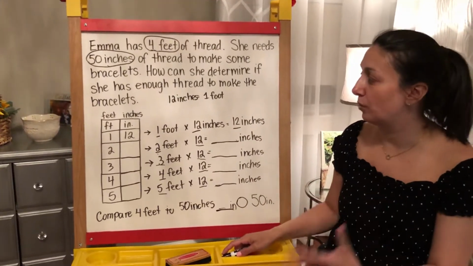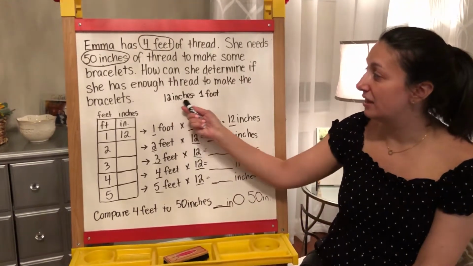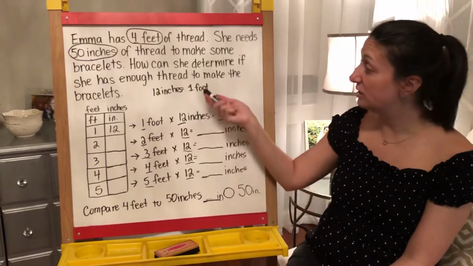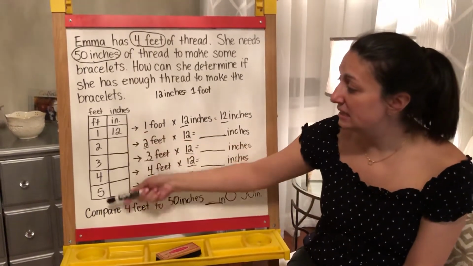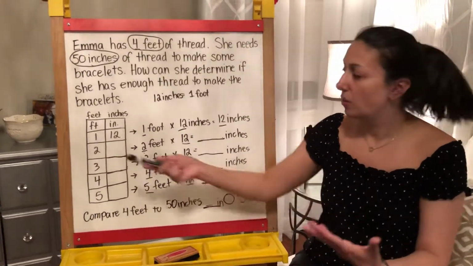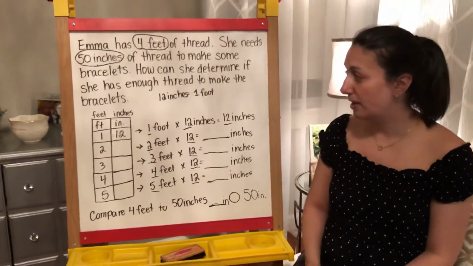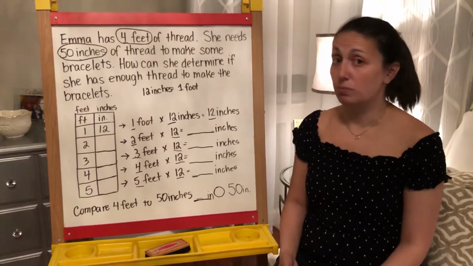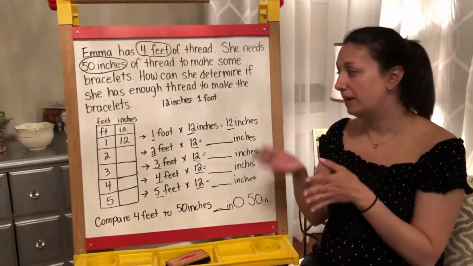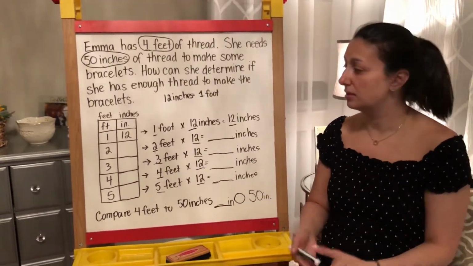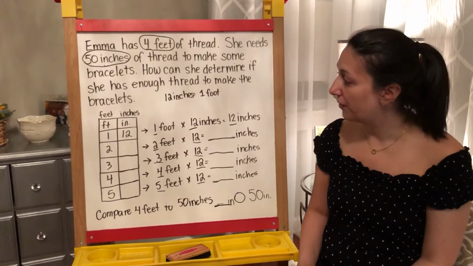We're going to use this equation. There are 12 inches in 1 foot. So let's decide how many inches are in 1 foot, 2 feet, 3 feet, 4 feet, 5 feet, okay? The way we do that is we multiply the number of feet by 12, and that will give us how many inches there are.